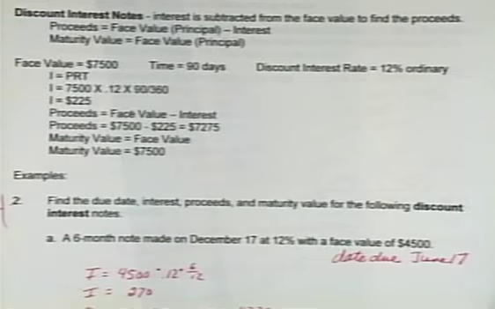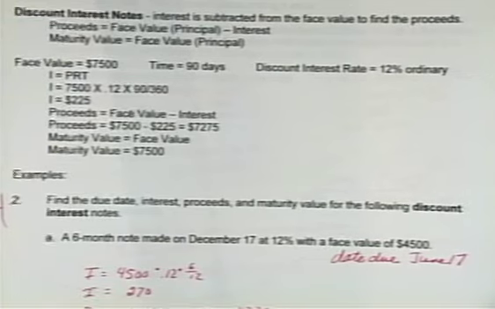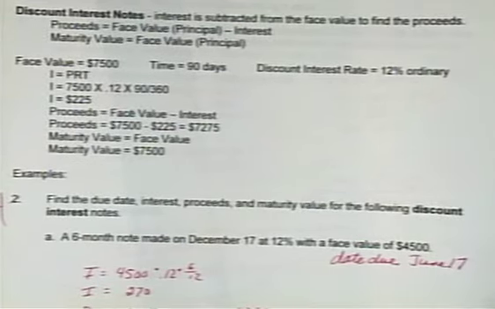So now we're going to be dealing with notes. This is exactly the same type of thing we were doing just a second ago. Okay? We're going to find the date due, interest, proceeds, and maturity value for the following discount interest note. You notice I bolded discount so that you will see it. A 6-month note was made on December 17th.